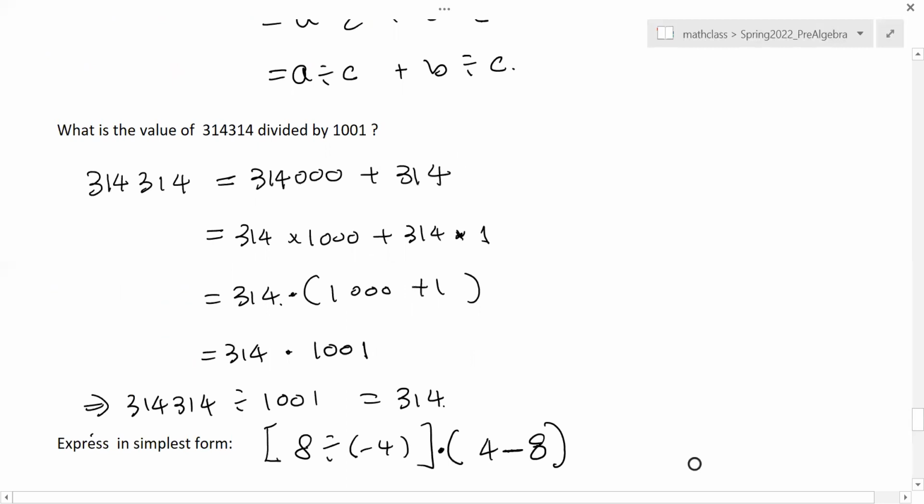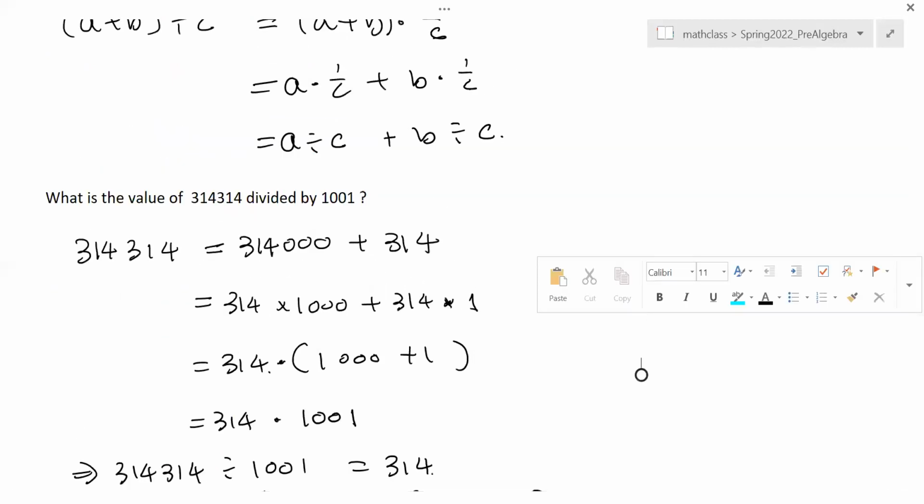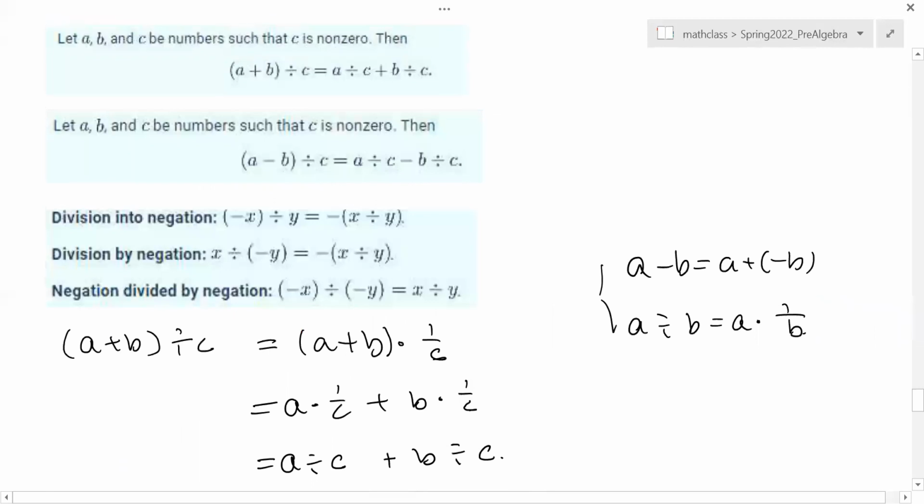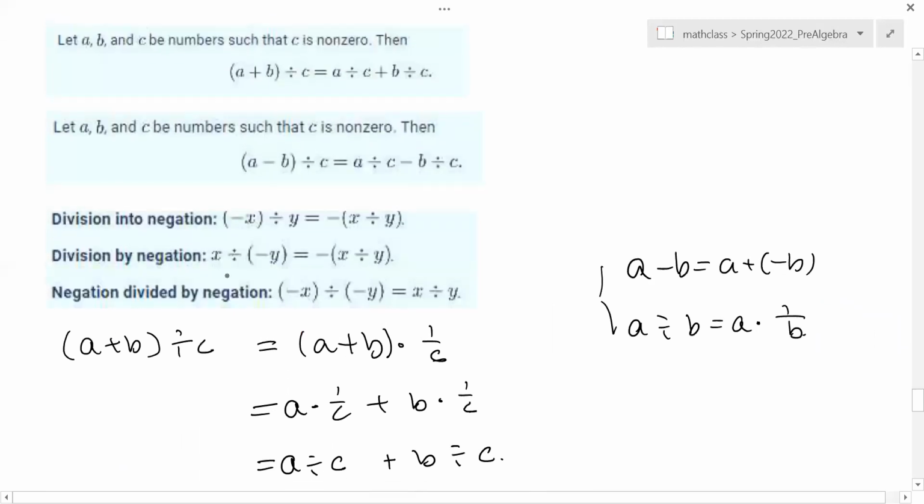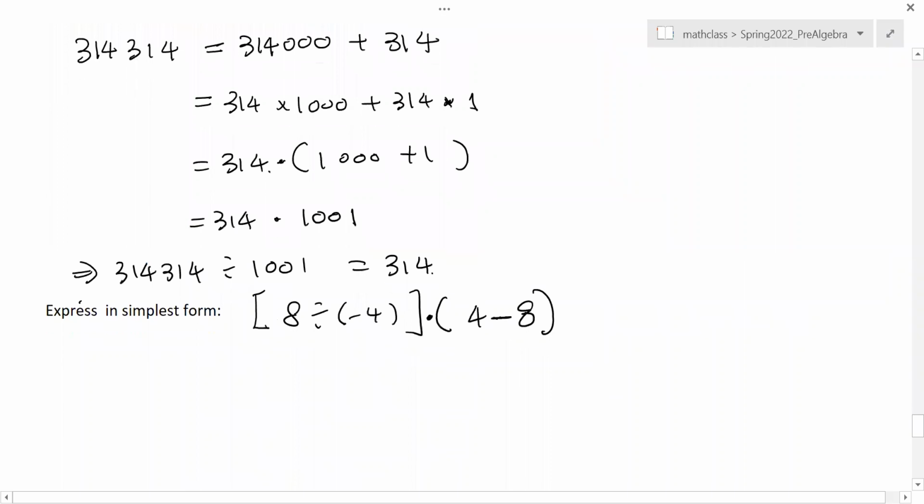Let's go back to the formulas I did not prove, but we can use. x divided by negative y is going to be negative x divided by y. So negative signs can always be freely moved out. Negative x divided by negative y, we can take out two negative signs. Using this, you can get negative 8 divided by 4, and 4 minus 8 is -4.